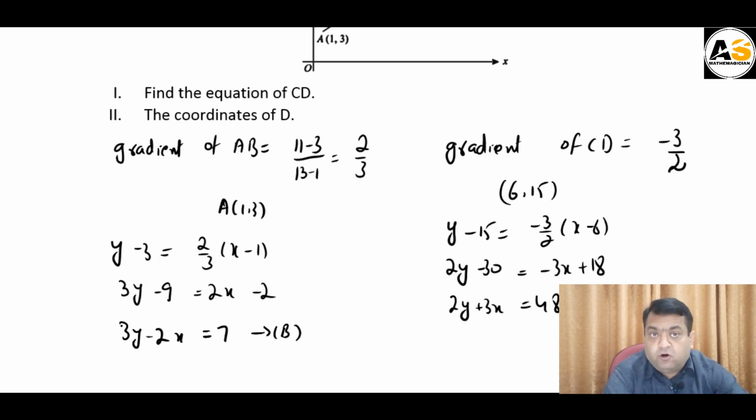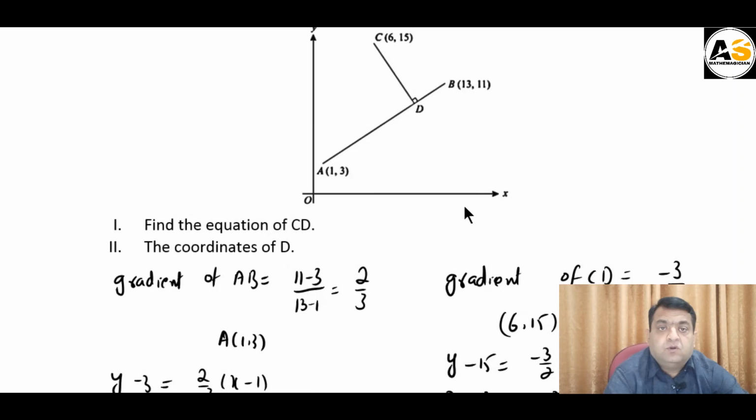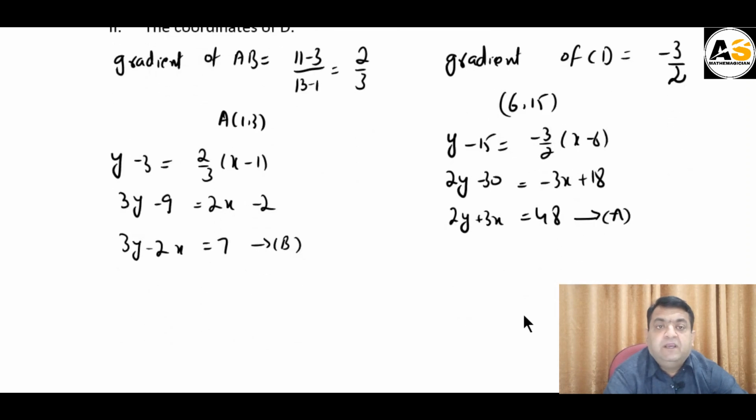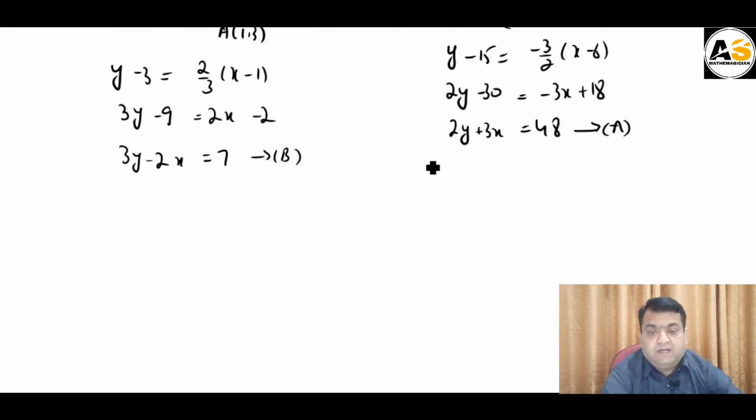Dear student, I have got two equations and I need to find the intersection point of these two lines. So I will solve these equations simultaneously, equation A and B, to get the coordinates of D. Let us solve this equation. 3y, 2y. So I will multiply this equation by 2: 6y minus 4x is equal to 14.